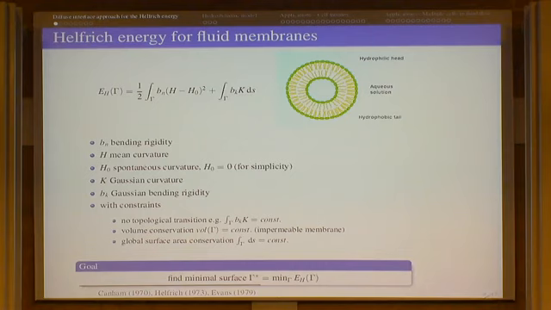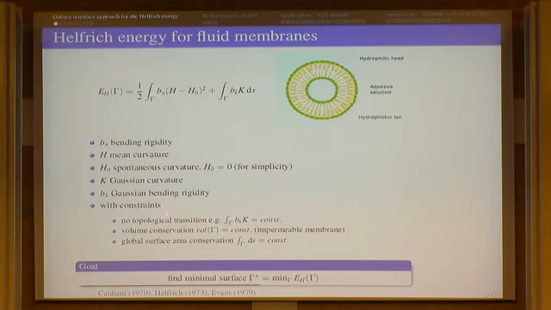And last but not least, we have here this term with the Gaussian bending rigidity, but we consider no topological changes for our model. Therefore, this term is constant for every surface, and then we can neglect it. We have to deal with other constraints.